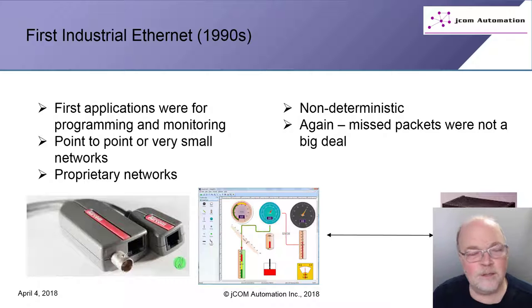In this case, the application was with HMIs, human-machine interfaces, or man-machine interfaces at that time, talking to PLCs, programmable logic controllers, for programming them over Ethernet, and also for providing human-machine interfaces, so pulling data, all for monitoring purposes.